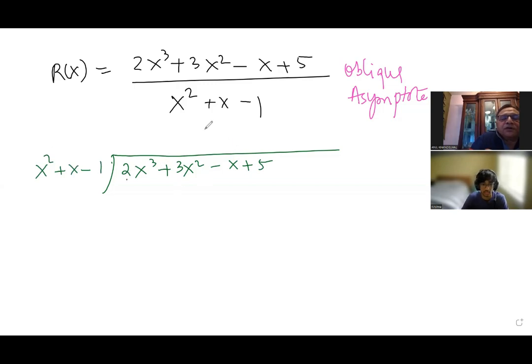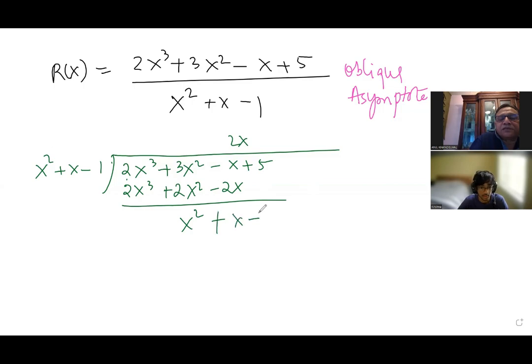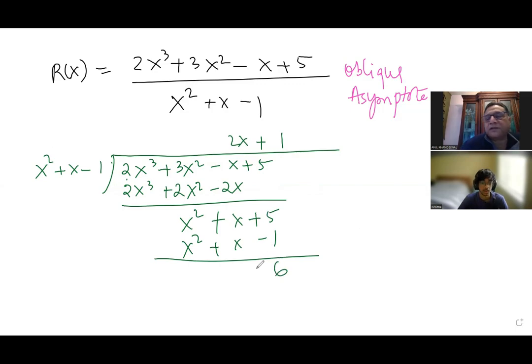So first time you will go by 2, right? Yeah, correct. 2x cubed plus 2x squared minus 2x, take away. So we get x squared here, and this take away will give me plus x, plus bring down 5, and then it can go one time, correct? Yeah, we get x squared plus x minus 1, and when you take away, you get remainder 6.